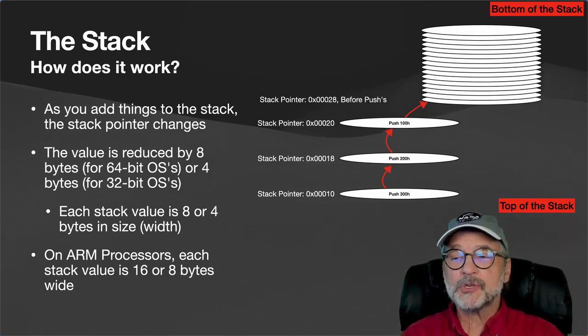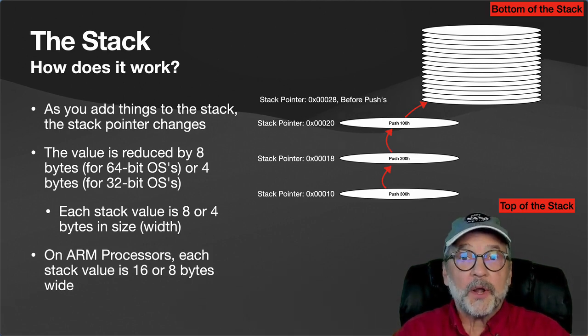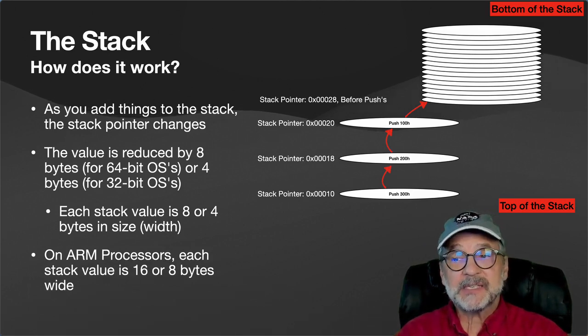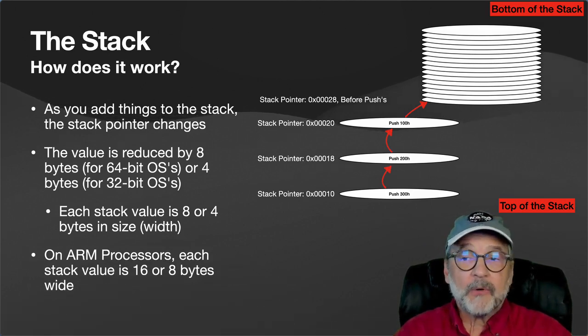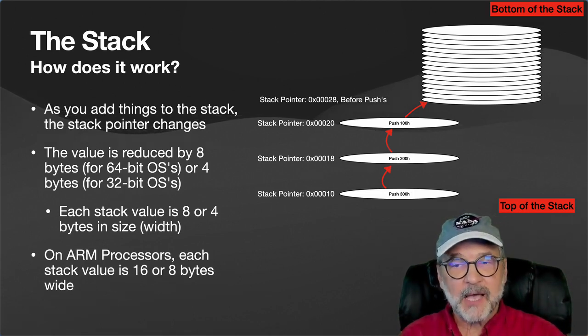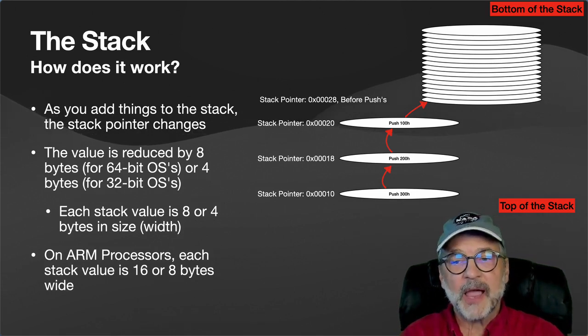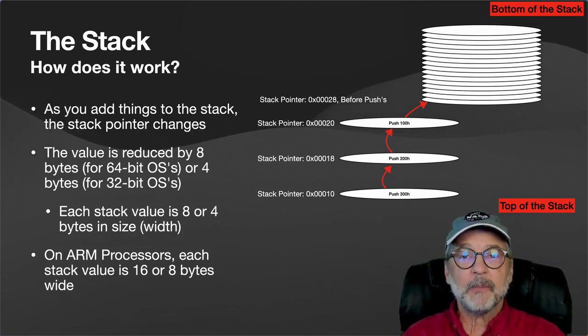So if I push, as you can see right here, before I do my first push, the stack's address is 28. If I push the number 100, hexadecimal 100, onto the stack, the stack pointer goes down by 8 bytes because we're dealing with a 64-bit program here. Now I use the small number 28 as the top of the stack, so it's easy to see the subtraction of 8 from it.